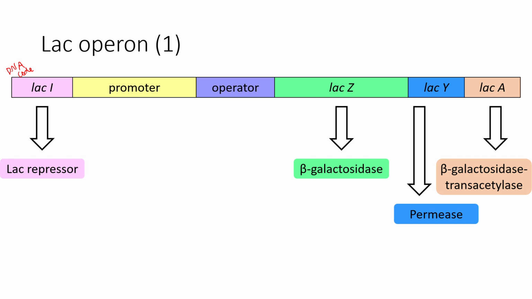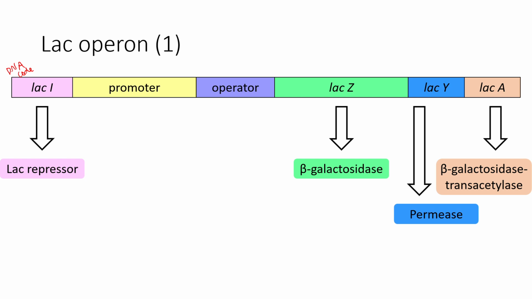That's a bit of a digression, but anyway, that's the LAC-Z gene. It codes for the beta-galactosidase enzyme. And then there's also the LAC-Y and LAC-A genes that are part of the LAC operon. They're more important for the actual function of digesting lactose for the bacteria.